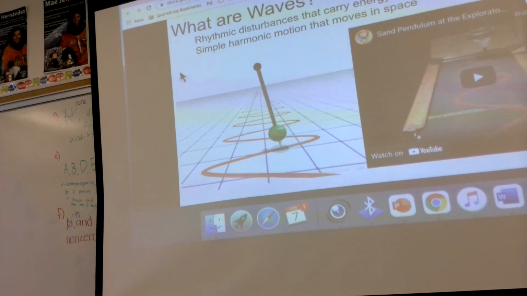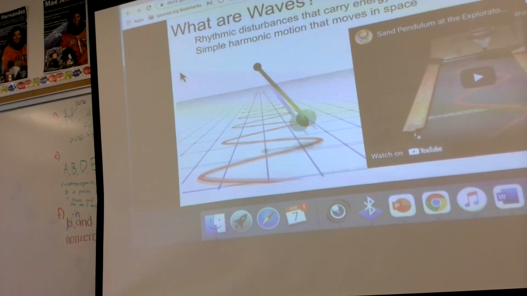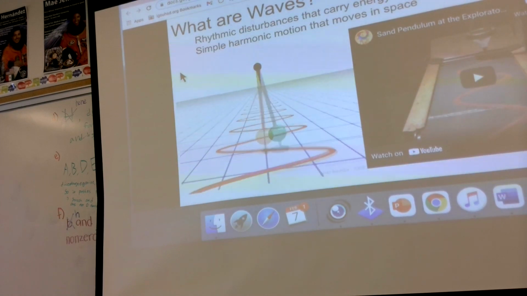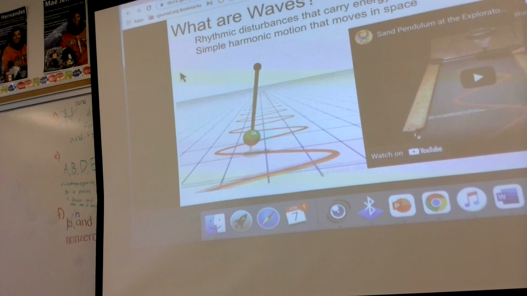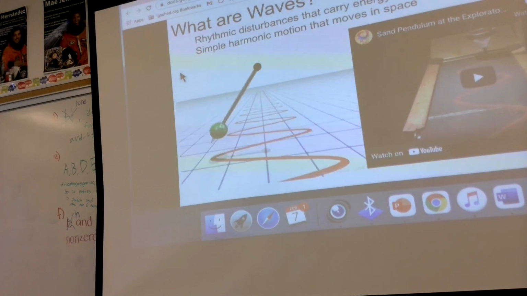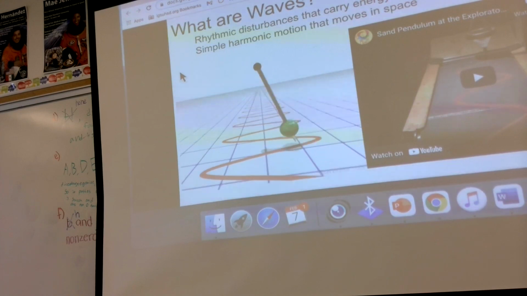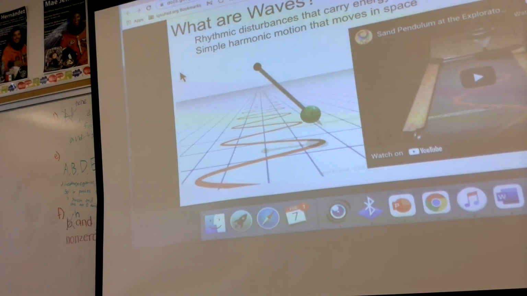Sometimes I like to think about when I'm talking about how waves carry energy. You know how there's that workout where you have two ropes and you just swing it back and forth and you create a wave with it and it gives you a lot of really good exercise? That's energy transfer, right? Our bodies carry chemical energy.